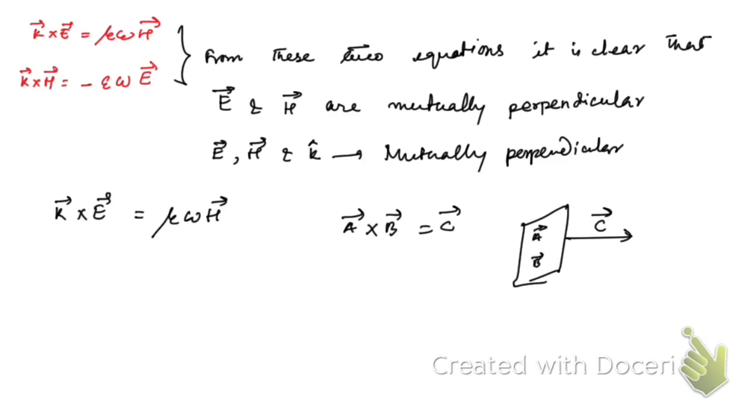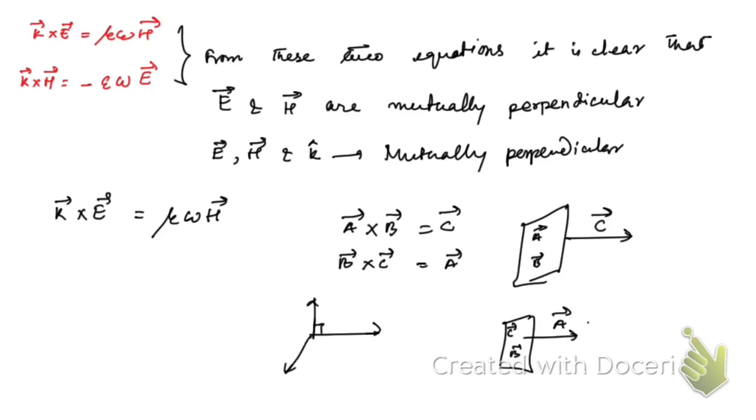Now again, if B cross C is A, that means this A vector must be perpendicular to the plane containing C and B, and this condition will be possible if these three vectors are mutually perpendicular to each other.